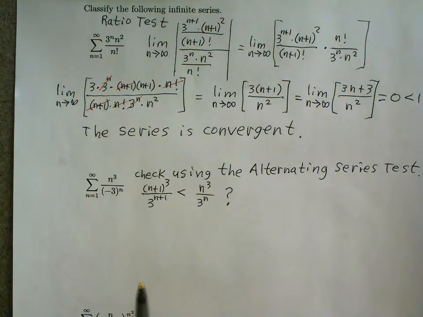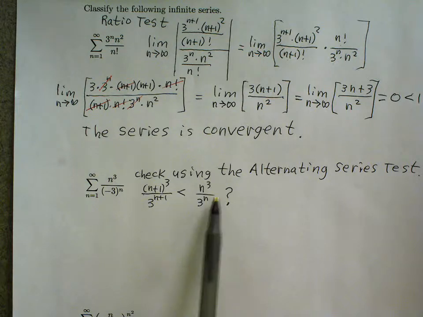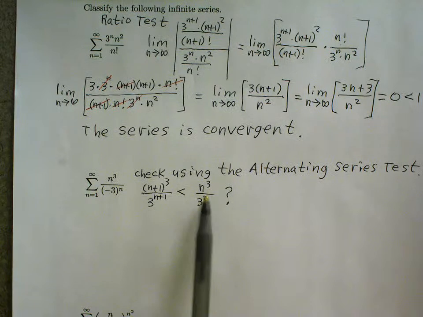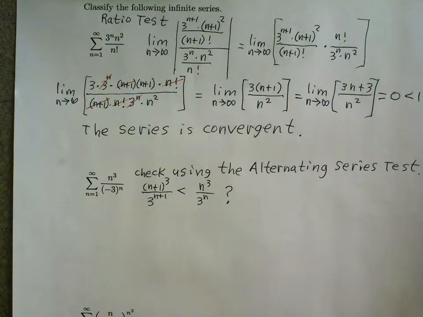Well, what do you think? The denominator is exponential, and the numerator is polynomial. The base of the exponential is greater than 1. So this denominator is getting bigger faster than the numerator.